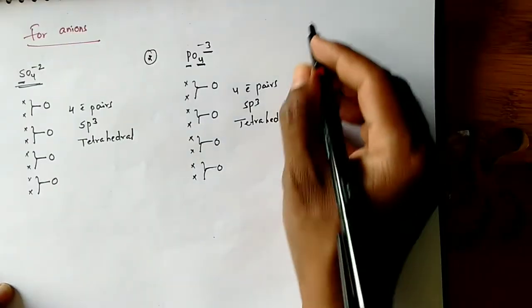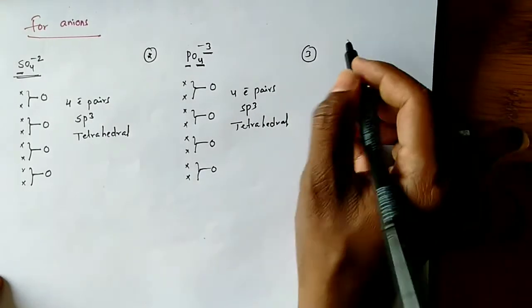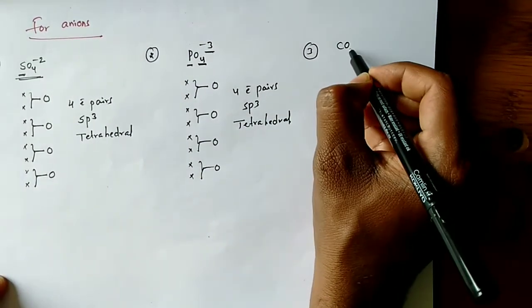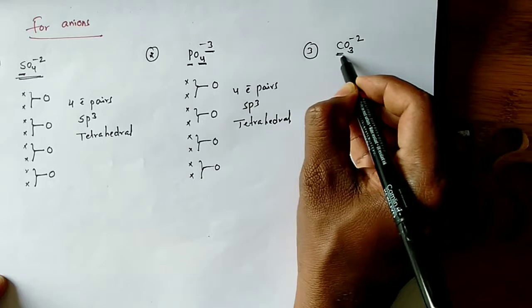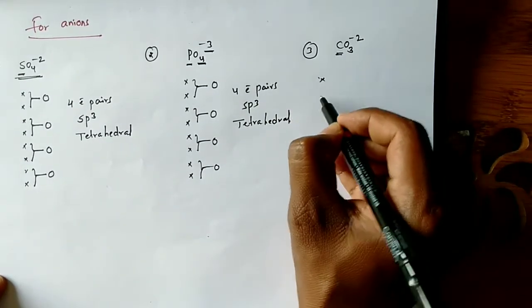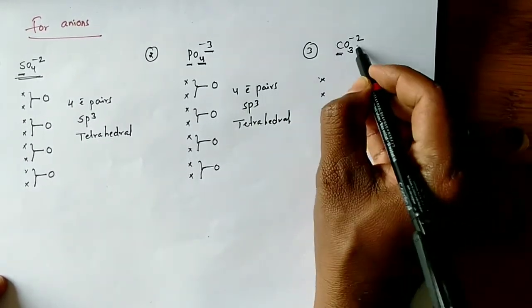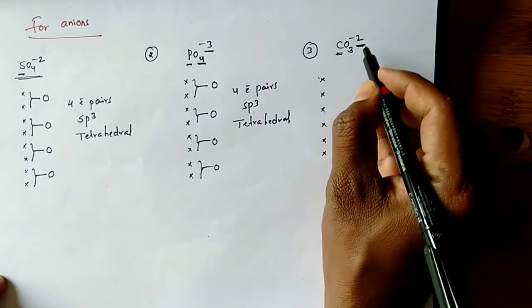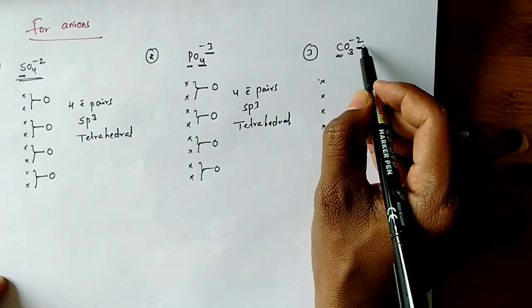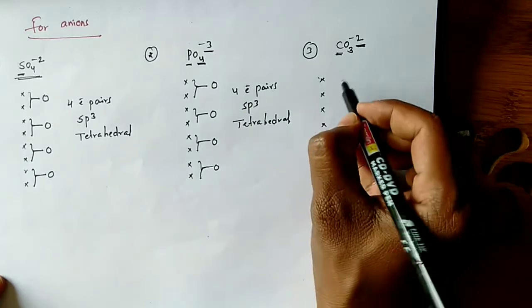Similarly, let us consider one more example here. Carbonate. Carbon belongs to 4th A group, so 1, 2, 3, 4, and an excess of 2 electrons, because the apparent charge there is -2, so extra 2 electrons I kept.